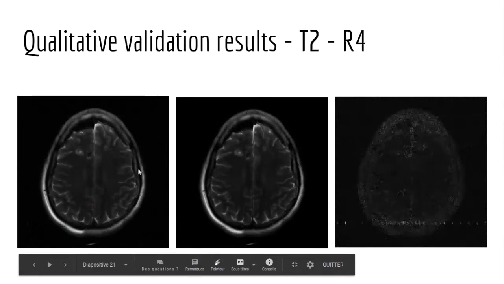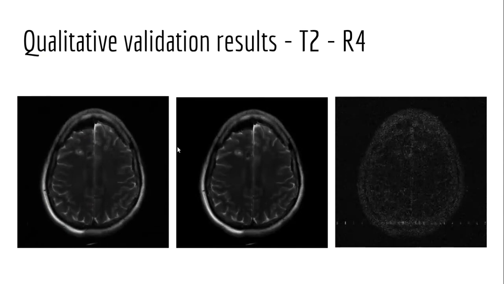And so you can see that it's pretty difficult to visualize any difference between the reference and the reconstructed image, which means, as was said by the radiologists, that the networks are pretty much mature for the acceleration factor of 4.